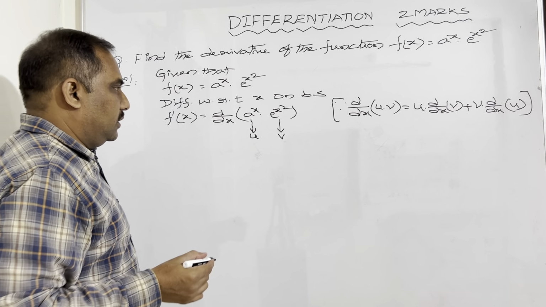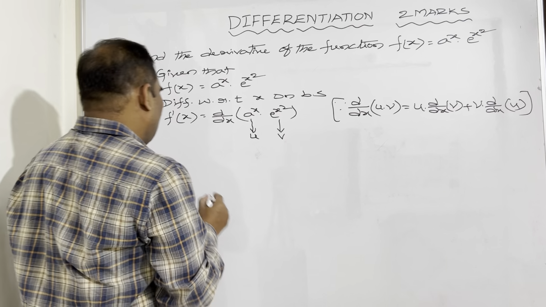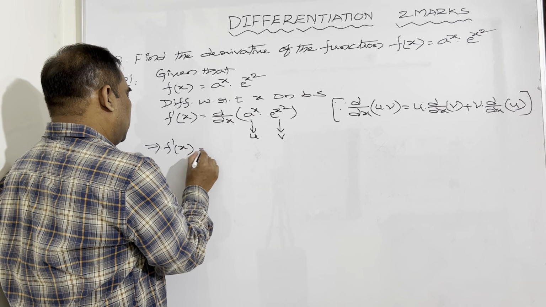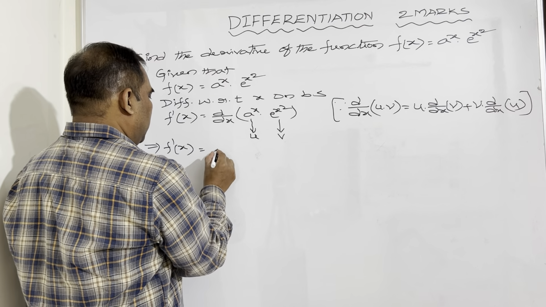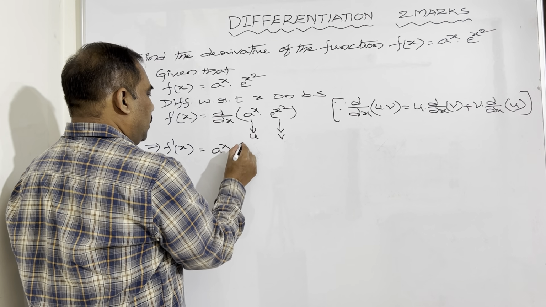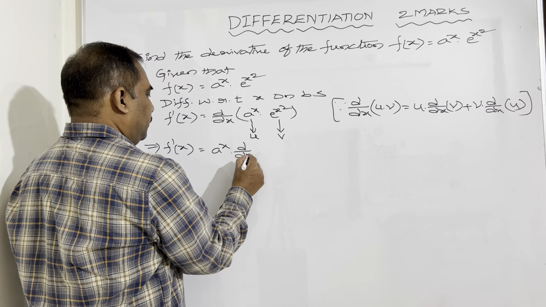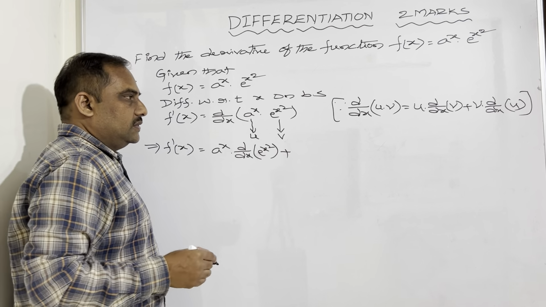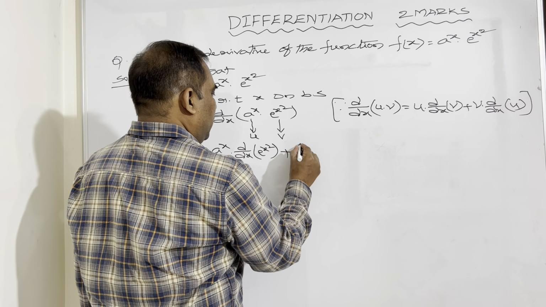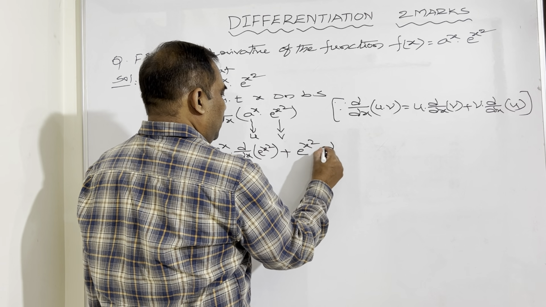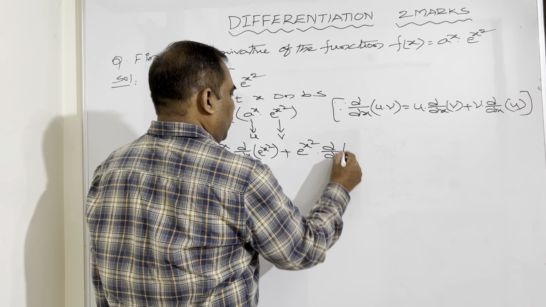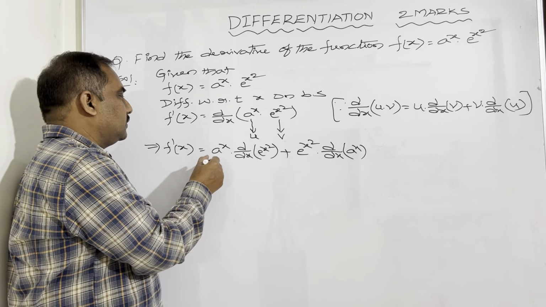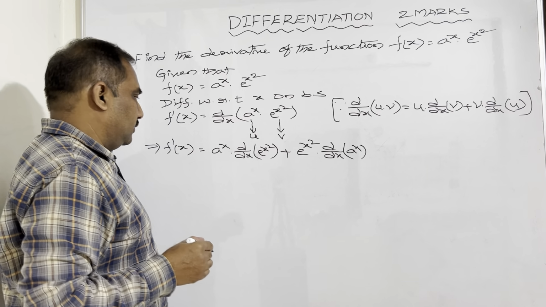If you apply the product rule, now f dash x is equal to u, which is a to the power of x, into the derivative d by dx of e power x square, plus again v, which is e power x square, into d by dx of a to the power of x. So here we have two functions, a to the power of x and e to the power of x square.